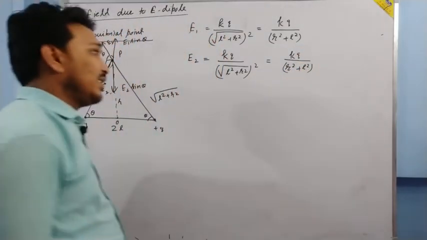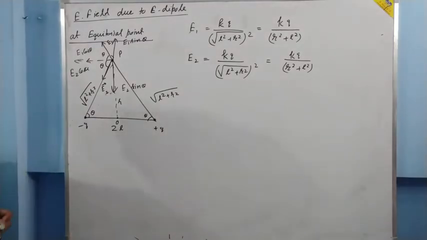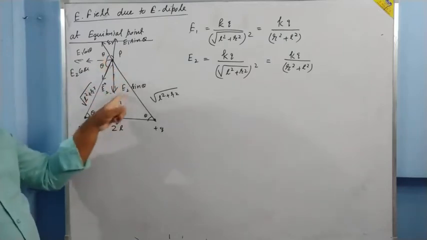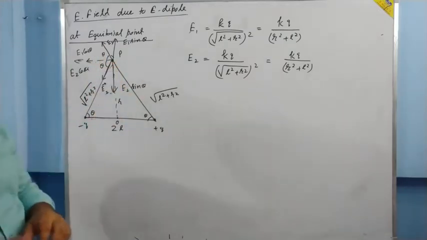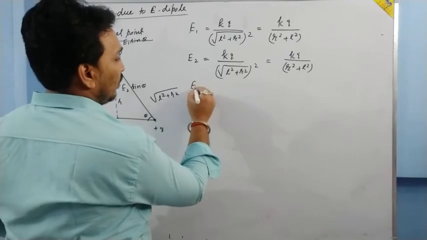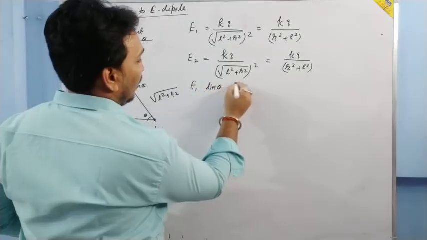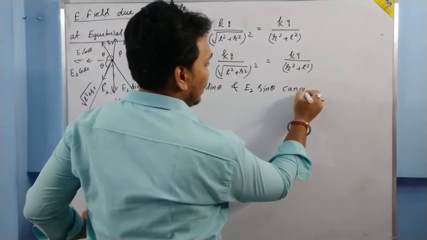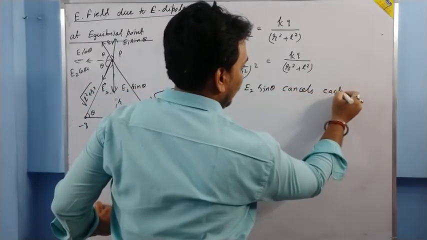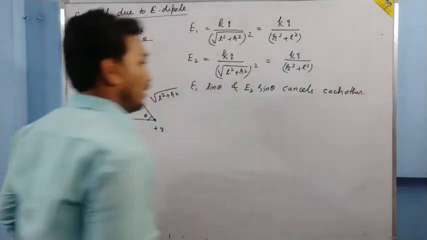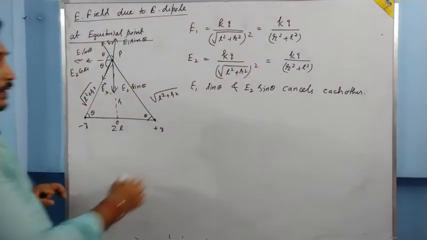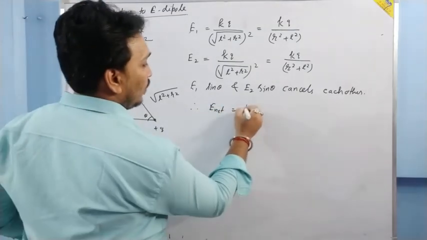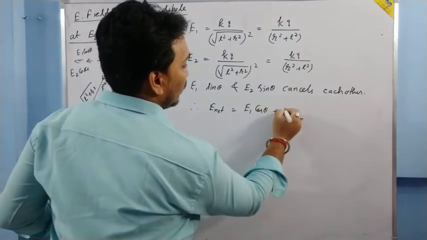So since E1 and E2 in the magnitude they are equal, therefore E1 sin theta which is in this direction and E2 sin theta which is in this direction, they are opposite to each other. So E1 sin theta and E2 sin theta cancel each other, and therefore E net will be equal to E1 cos theta plus E2 cos theta.